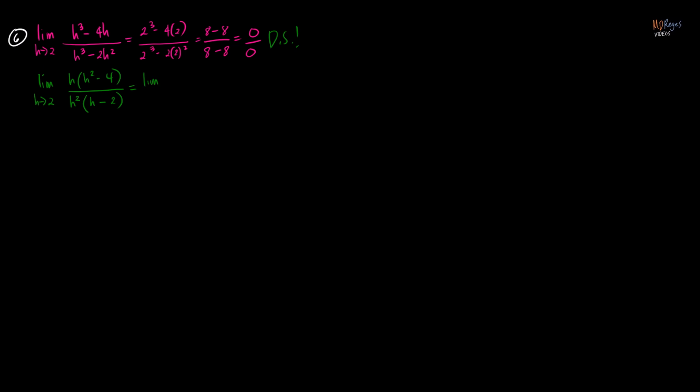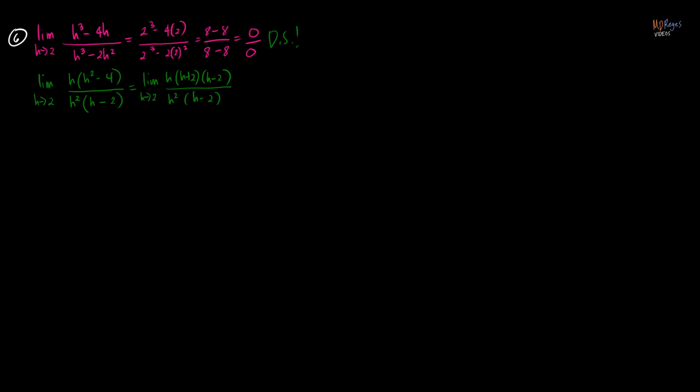That is equal to the limit of, okay, h squared minus 4 over here is still factorable. So if we factor it out, we'll get h plus 2 times h minus 2 divided by the same expression, h squared times h minus 2. Now we take the limit as h approaches 2.